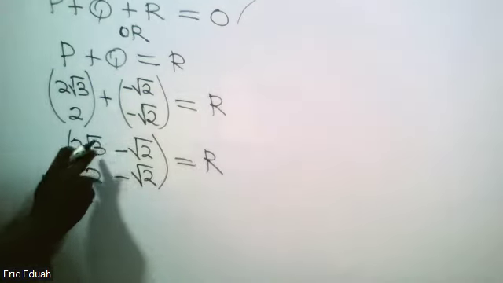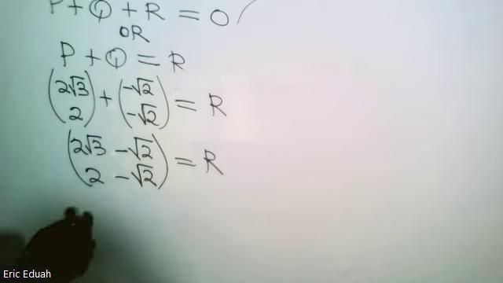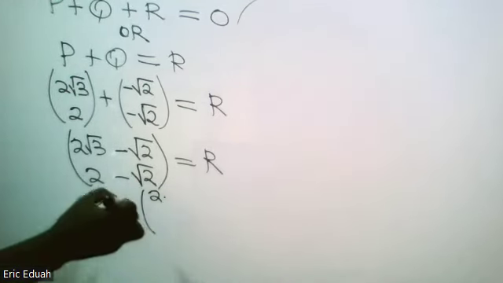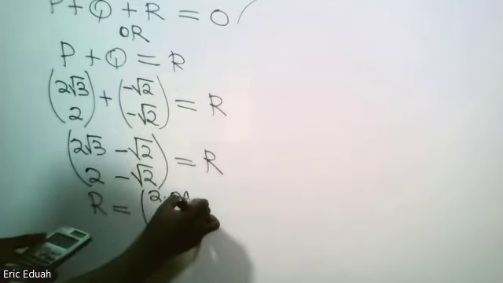Give me 2 root 3 minus root 2 in decimal. 2.049. Okay, I want to confirm. All right, so that's correct. So we have R being equal to 2.0499.